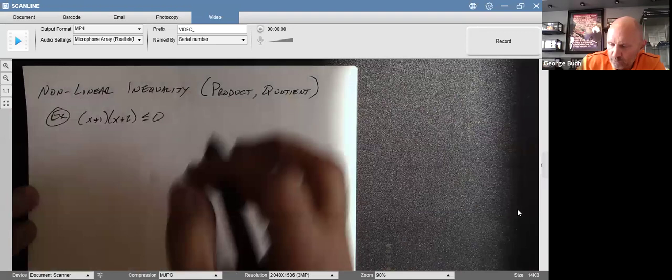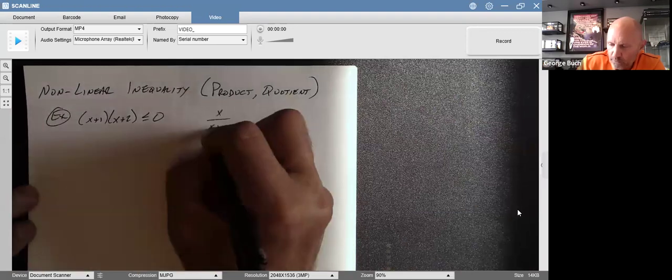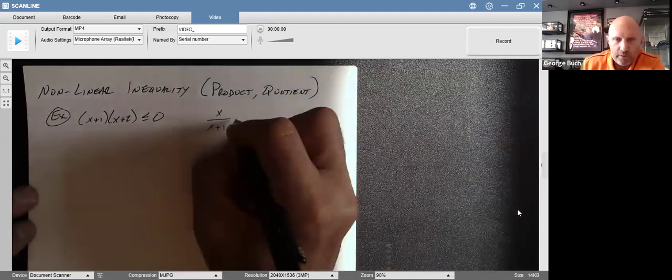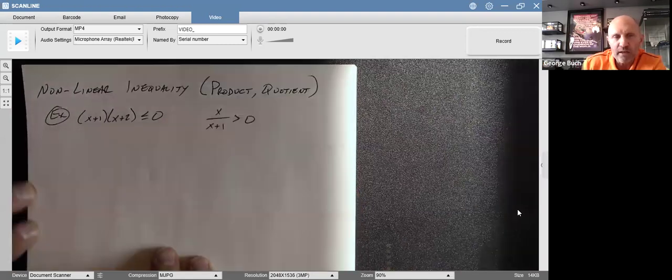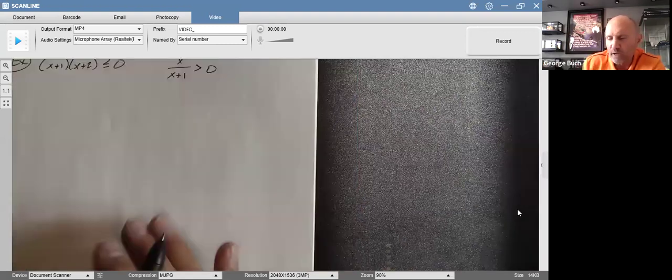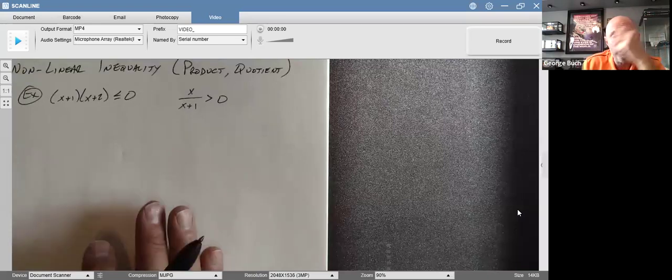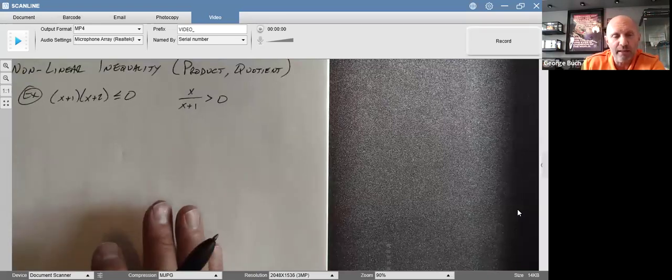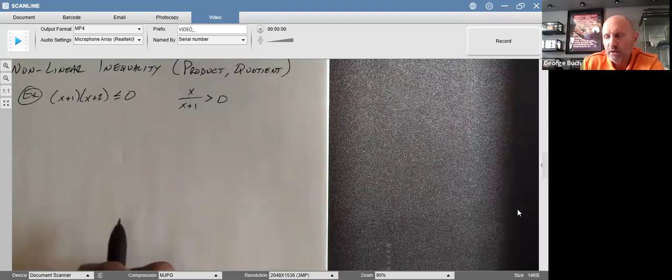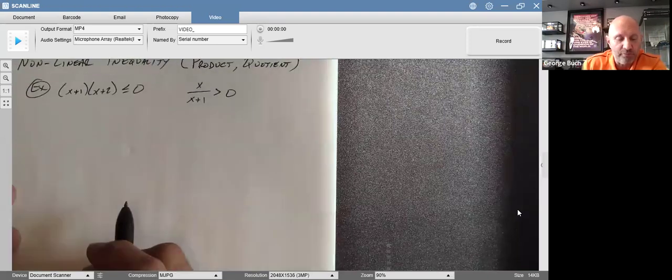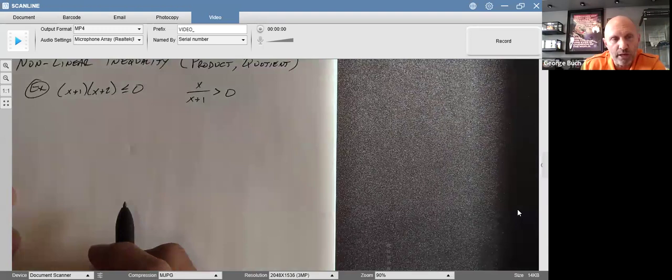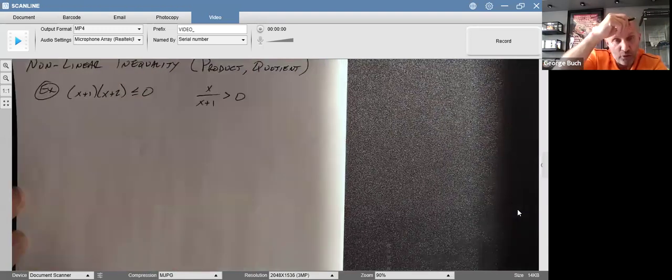Or something like x over x plus 1 is greater than 0. People always make the mistake of saying, oh, I just multiply both sides by x plus 1 and then solve for x. That's not how you do these. When we have a nonlinear inequality, there are several steps, 9 steps actually, that we have to follow in order to solve these.